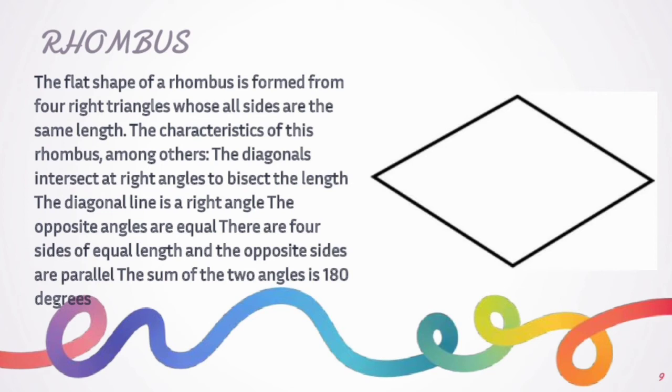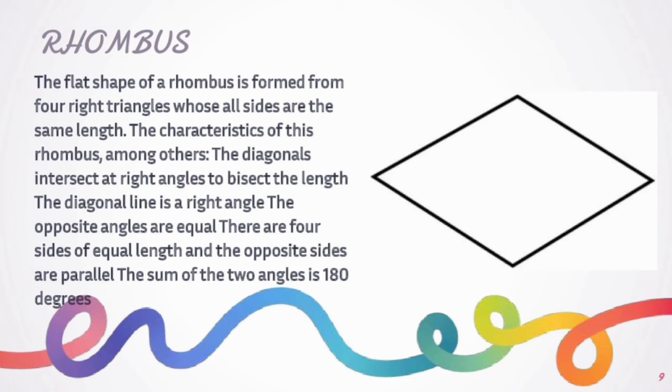The diagonal lines form a right angle. The opposite angles are equal. There are four sides of equal length, and the opposite sides are parallel. The sum of the two angles is 180 degrees.